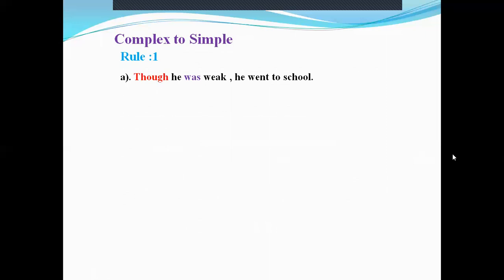Let's start to change complex sentence to simple sentence. I will discuss the matter one by one according to rule. Rule 1. A. Though he was weak, he went to school.